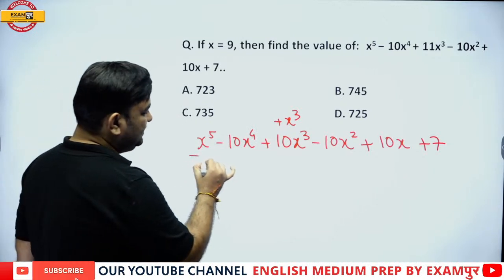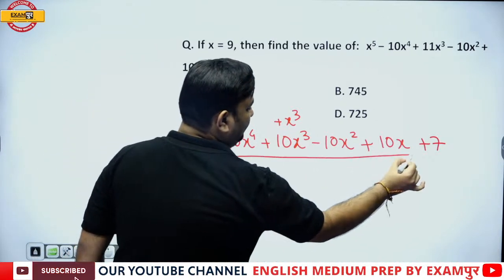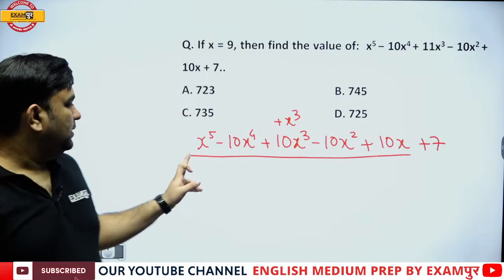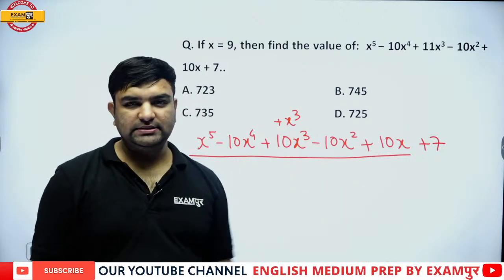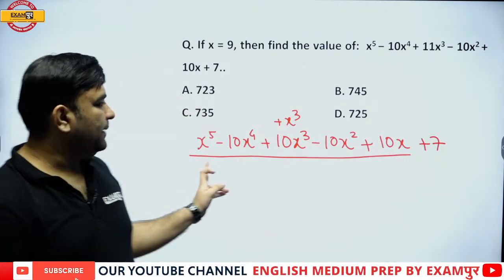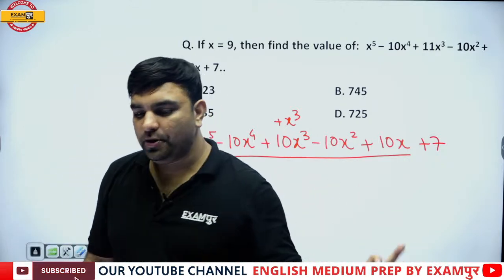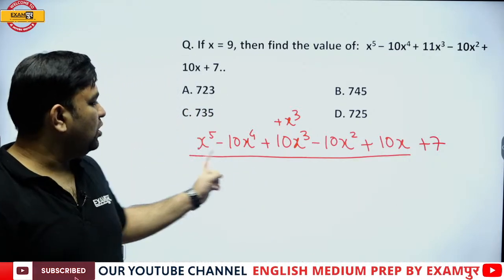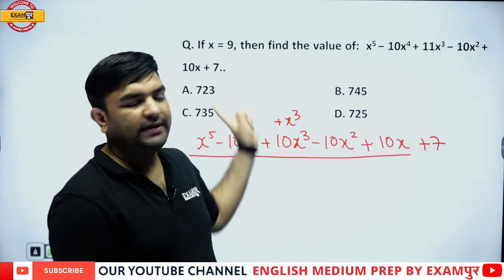If I see this, it is in the pattern: plus minus plus minus plus. Alternate plus minus, and x is 9 and here it is 10.